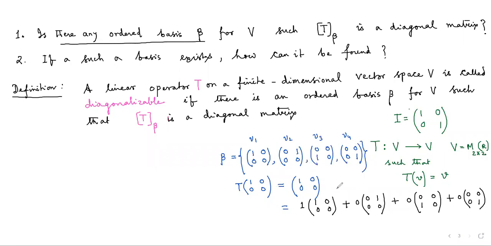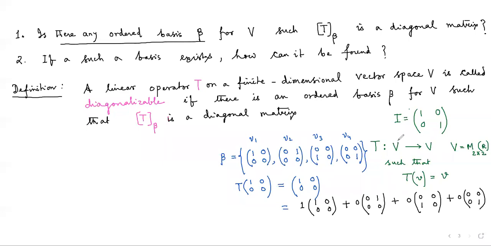And with respect to the transformation, since my transformation is T(V) equal to V, I will just look at how the basis elements change with respect to this particular transformation.